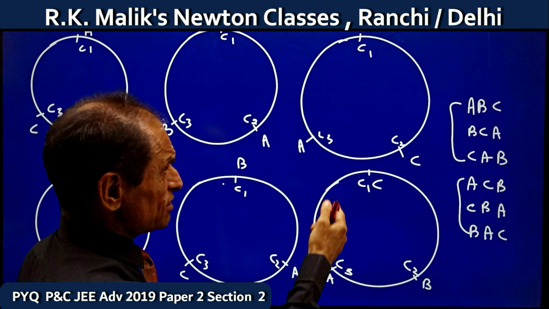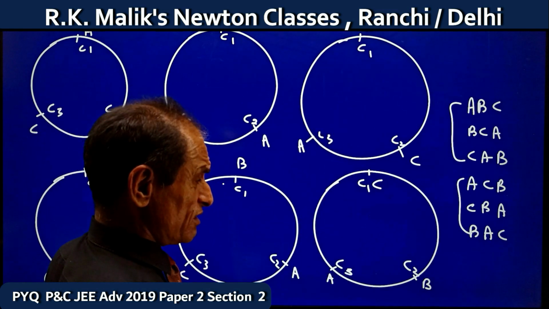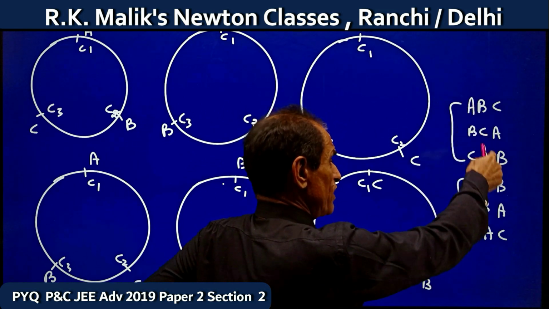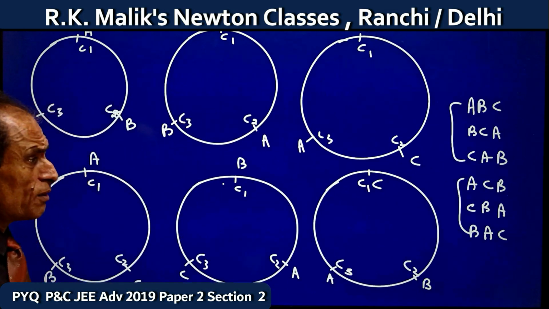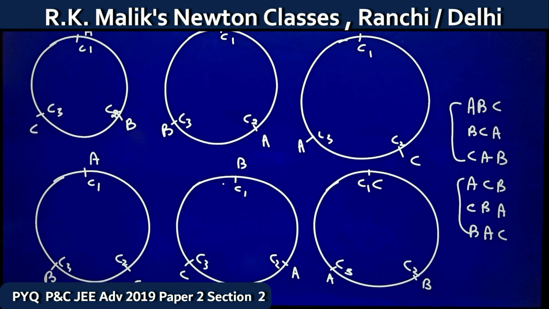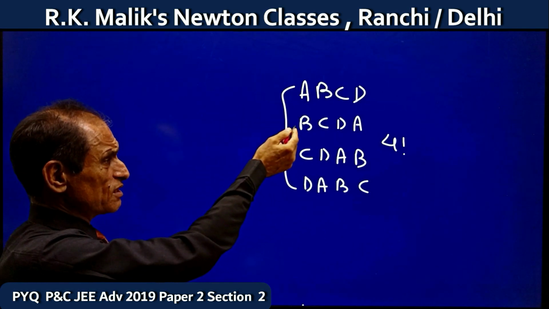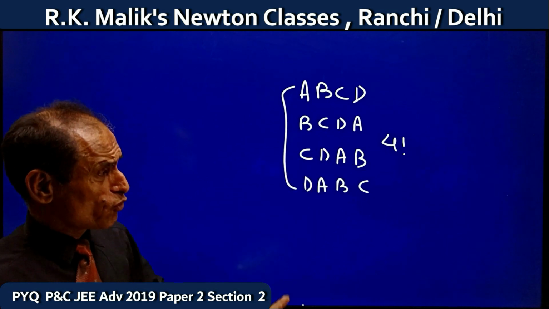That is, number of arrangements will be equal to the number of arrangements in a line. Because if they are sitting in a line, number of arrangements are 3 factorial. In the case of circle also, number of arrangements will be 3 factorial. Similarly, in the case of 4 persons, if we have to make them sit on 4 different chairs around a circle, number of ways will be 4 factorial.